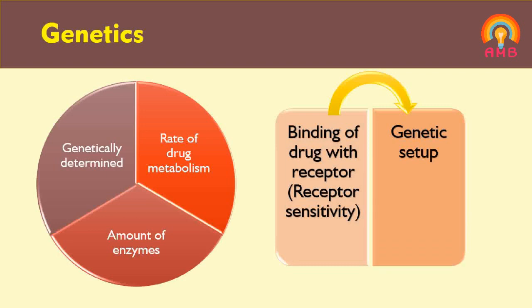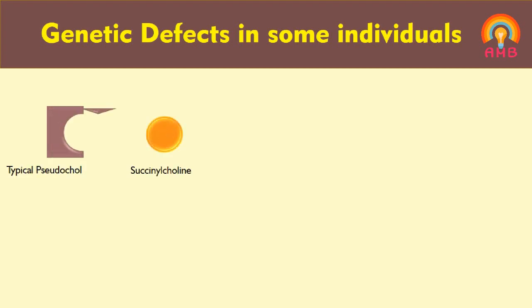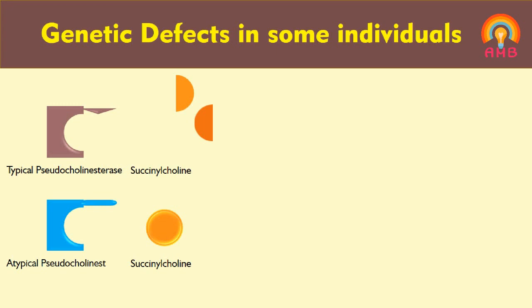Now we will discuss some examples of genetic variation. Some persons genetically have atypical pseudocholinesterase enzyme, which is less effective than the normal enzyme in hydrolyzing the drug succinylcholine. You can see here that the typical pseudocholinesterase enzyme easily hydrolyzes the succinylcholine drug, but the atypical pseudocholinesterase enzyme is unable to hydrolyze it.